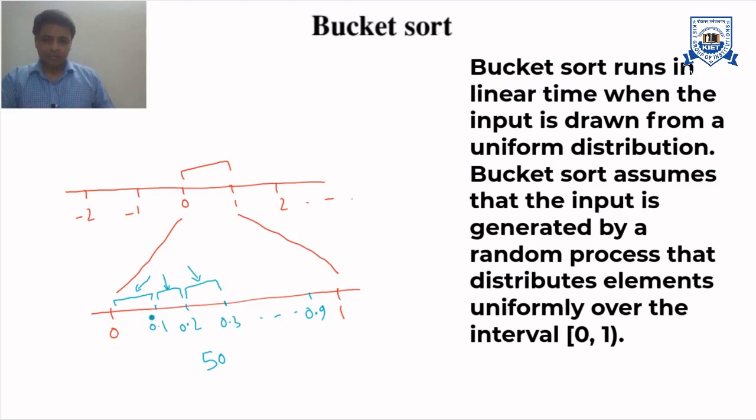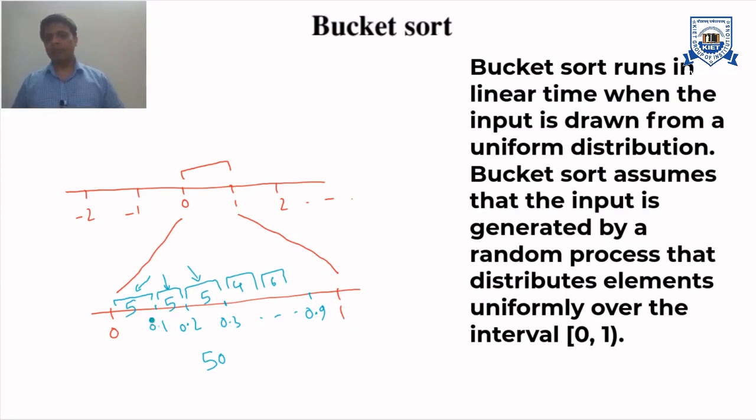If I divide the range from 0 to 1 into 10 buckets, all these numbers should be equally distributed over all the buckets. So if the first bucket has 5 numbers, the second should also have 5, the third also 5, and so on. In some cases it could be 4 in one bucket and 6 in another. It is not that all the buckets must have exactly the same number, but it should be almost equal, and that is what uniform distribution is.